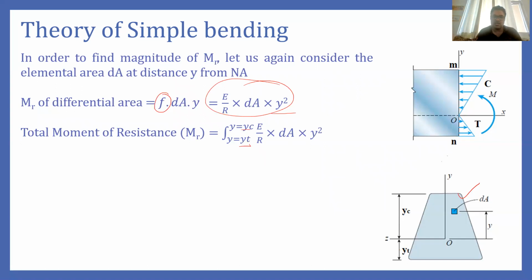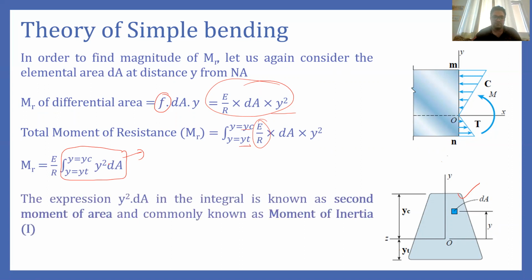In this, E by R is constant, so we can take it outside, and we are left with the integral of y square dA. You remember that this is the expression of moment of inertia, or second moment of area.